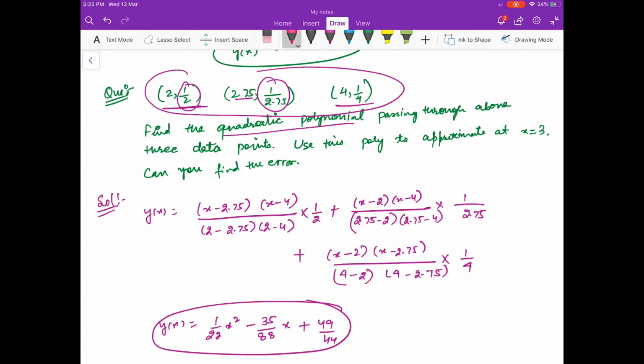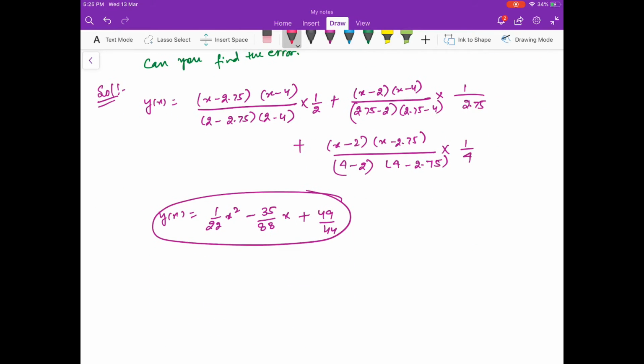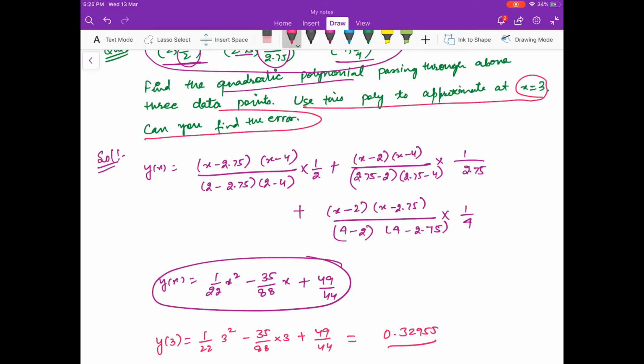Now the next part of the question says use this polynomial to approximate the value at x is equal to 3. So you have y of 3 is equal to 1 by 22 times 3 square minus 35 by 88 times 3 plus 49 by 44, and this is equal to 0.32955.